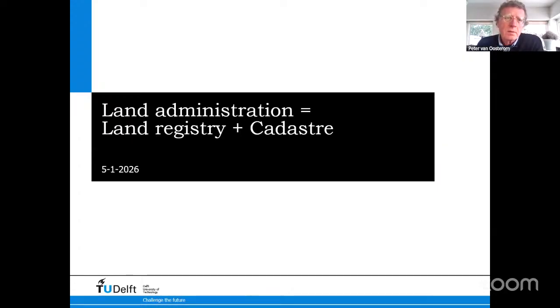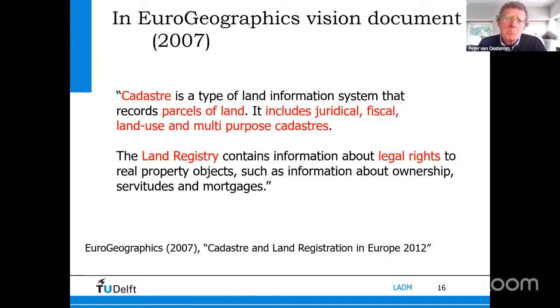I mentioned it before when I said land administration is a kind of the legal side and the spatial side, so land registry and cadastre. Cadastre is typically a collection of parcels, but these parcels are defined by law, namely a piece of land or the largest piece of land with the same rights.